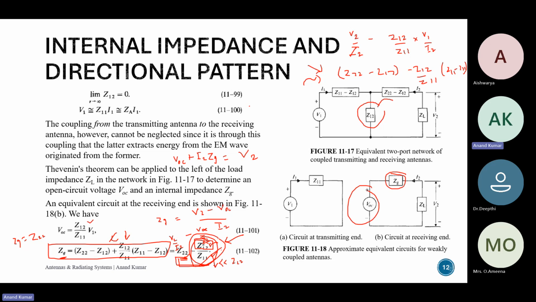So we found out that Z11 is equal to ZA, and Z22 is equal to ZB.